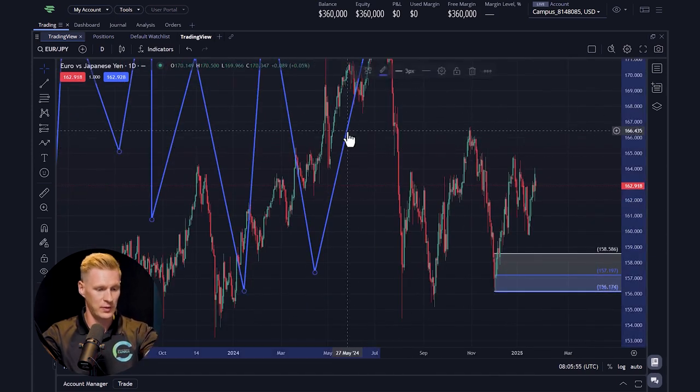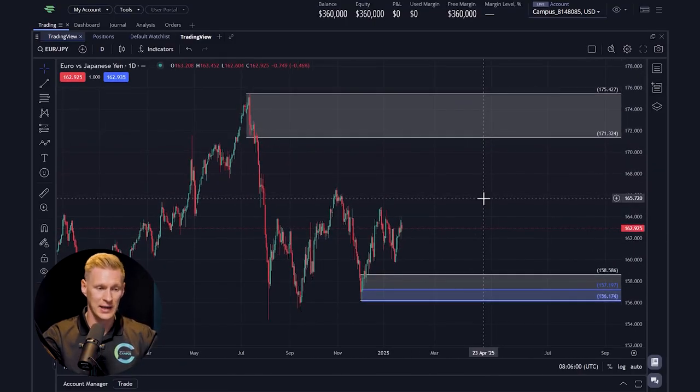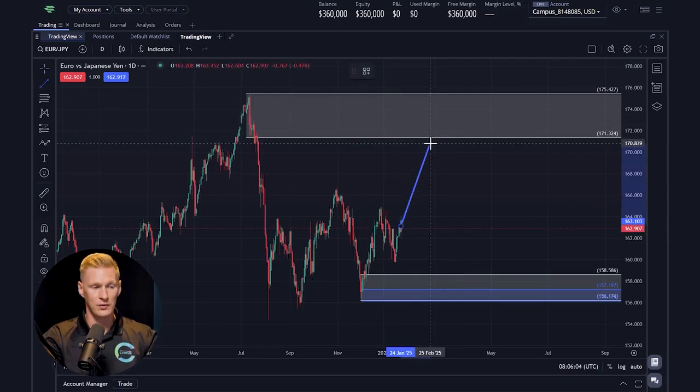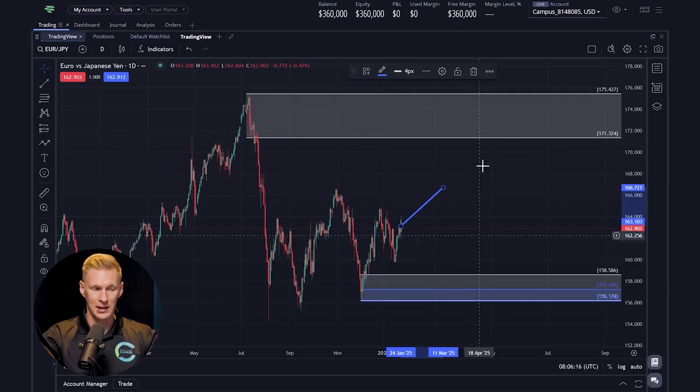Let me remove this. And the current price is not located anymore in the high or very high area, and also not in the low and very low area. No, we are located now in the equilibrium, okay? Exactly in the middle between both zones.